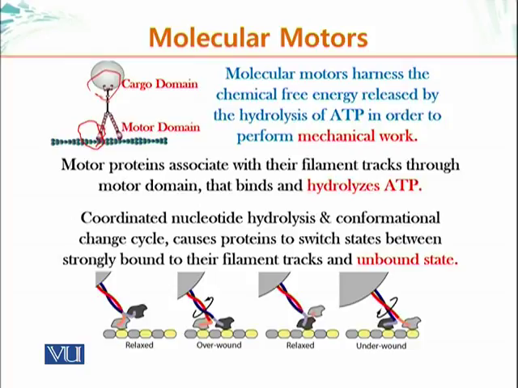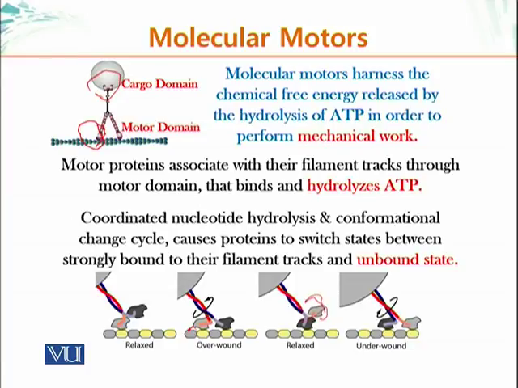So there's a conformational change, be it ATP hydrolysis that caused it or something else. It causes both these heads to bind, and also it introduces a strain in this molecule in the form of overwound or twisted structure. When this energy is released, the gray head, which was previously behind the black head, now comes in the forward position.